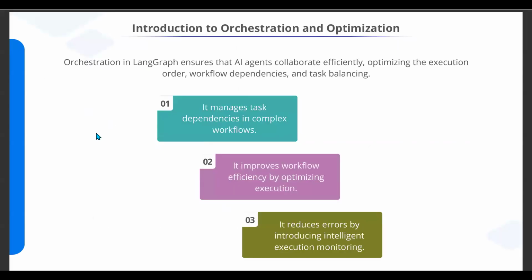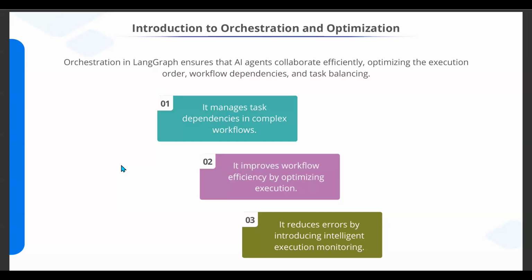What is orchestration? Orchestration in LangGraph ensures that AI agents collaborate efficiently, optimizing the execution order, workflow dependencies, and task balancing. It is like coordinating multiple agents and tasks in the correct order so the final output is accurate and efficient.